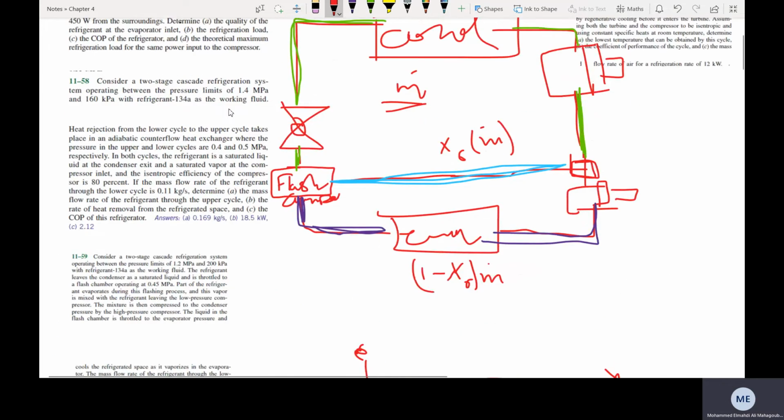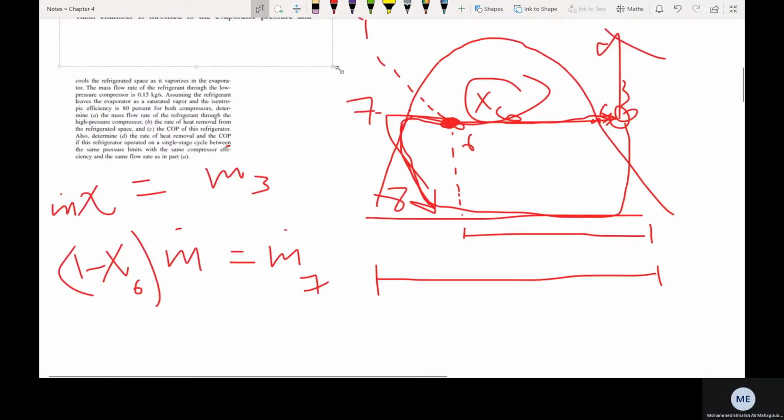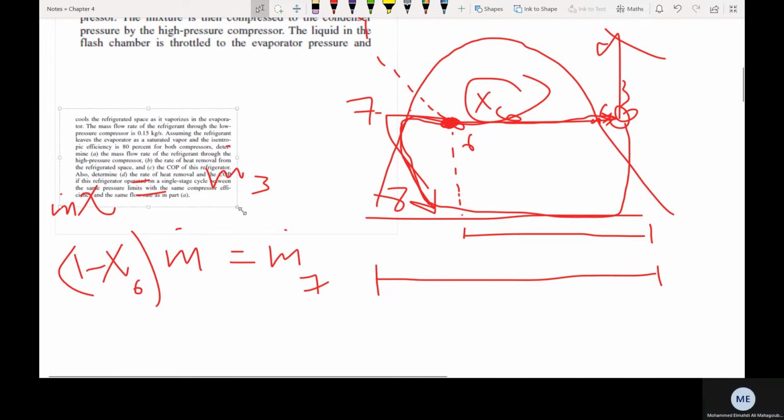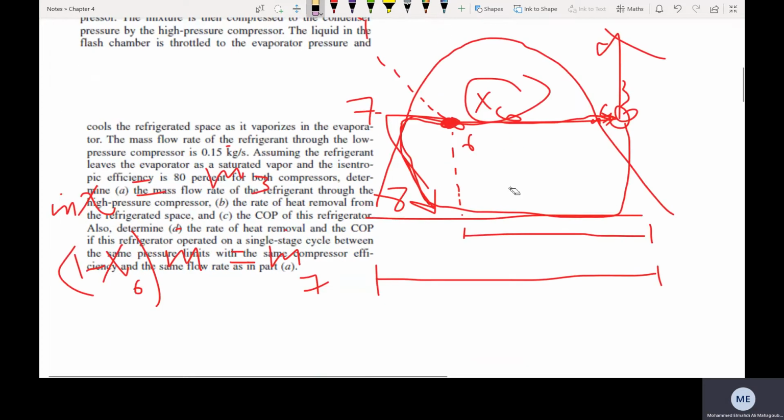Now after we understood everything in the cycle, let's solve the question. Let me just delete here.